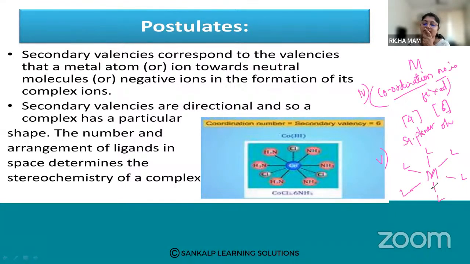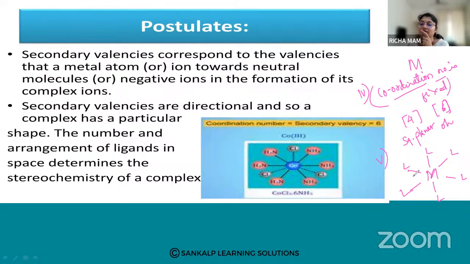Depending upon the number of ligands, or for different coordination numbers, they will give different geometry. So the ligands bonded by the secondary valency to the metal ion have a definite spatial arrangement.